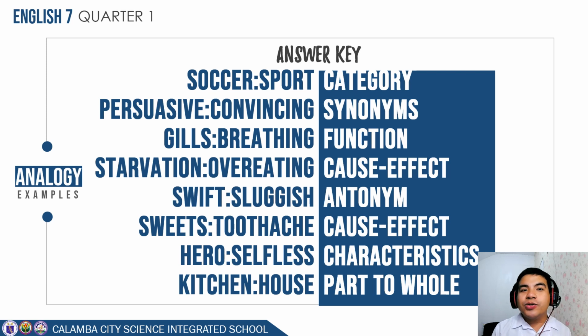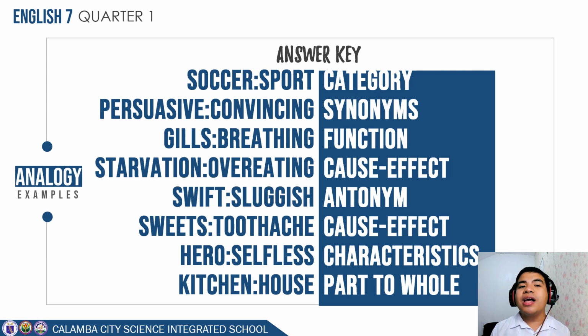Swift is to sluggish. Swift means fast and sluggish means slow. So they are antonyms. Sweets is to toothache. When you eat too much sweets, there is a very big possibility of you having toothache. So that is cause and effect.